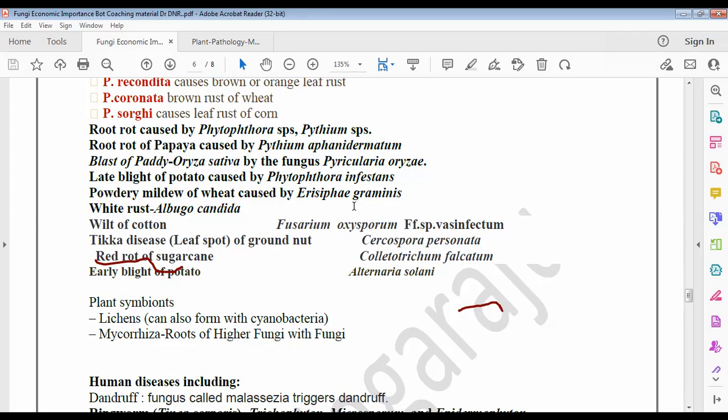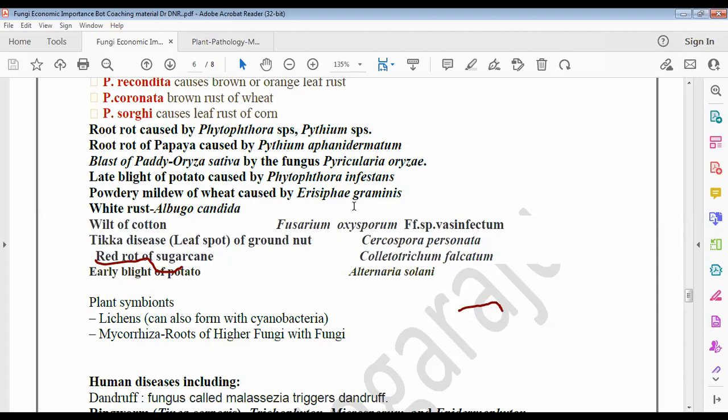Perfect stage of Cercospora, perfect stage of Aspergillus, perfect stage of Penicillium, I told you yesterday. You forgot by the very next day. How can you remember up to the exam? So you have to repeat again. You have to note down the important points and repeat again after the class so that you will remember long.